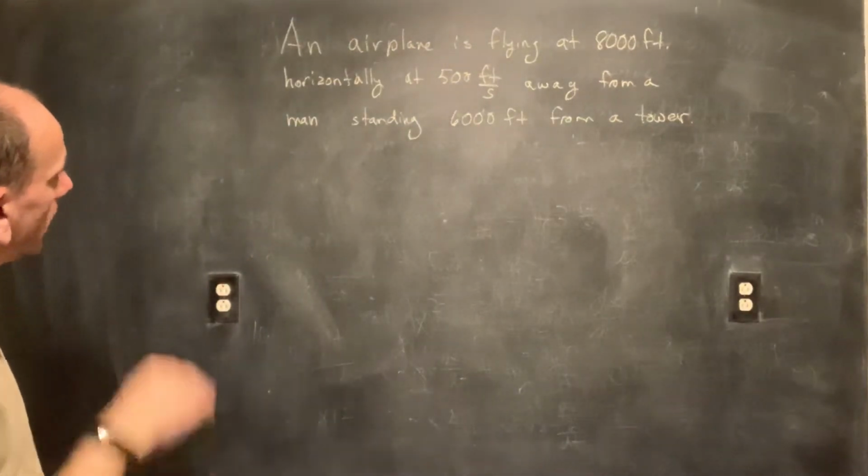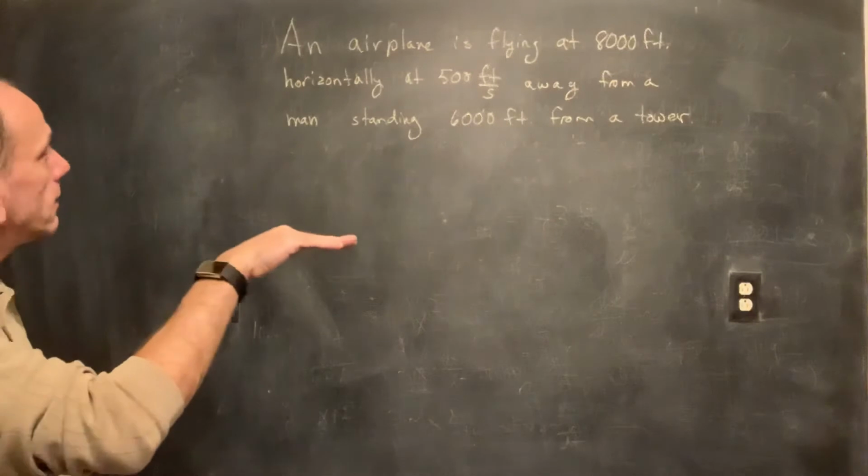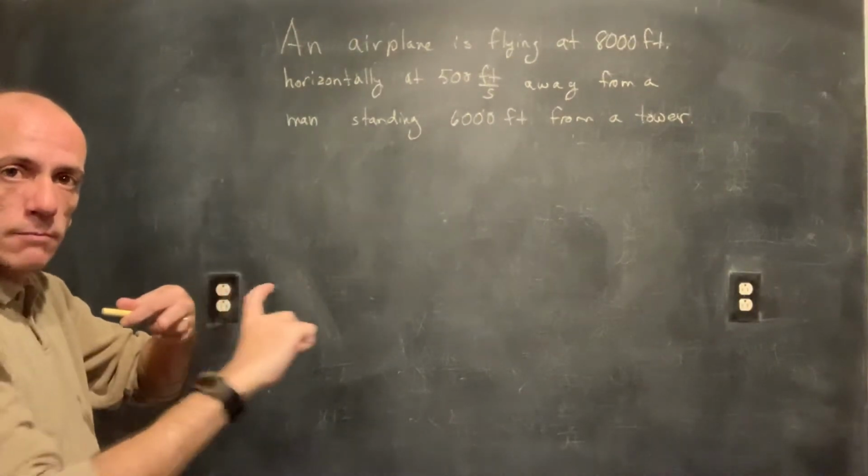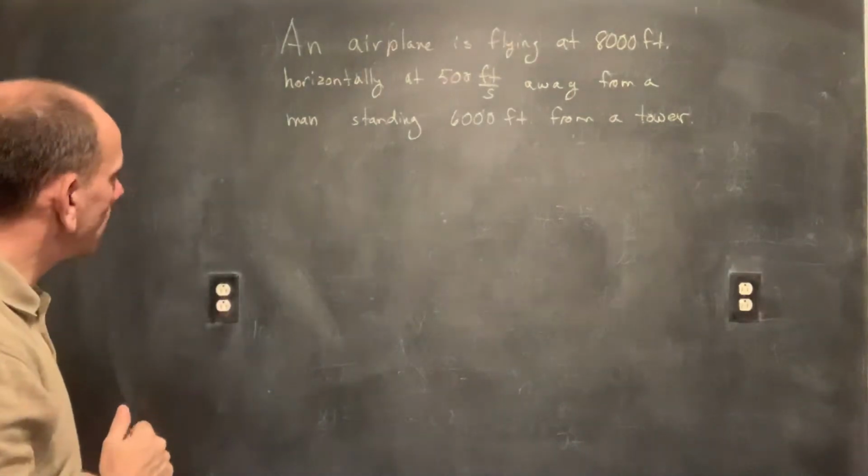Okay, so the airplane's flying horizontally away from a man who's standing 6,000 feet away from a tower.